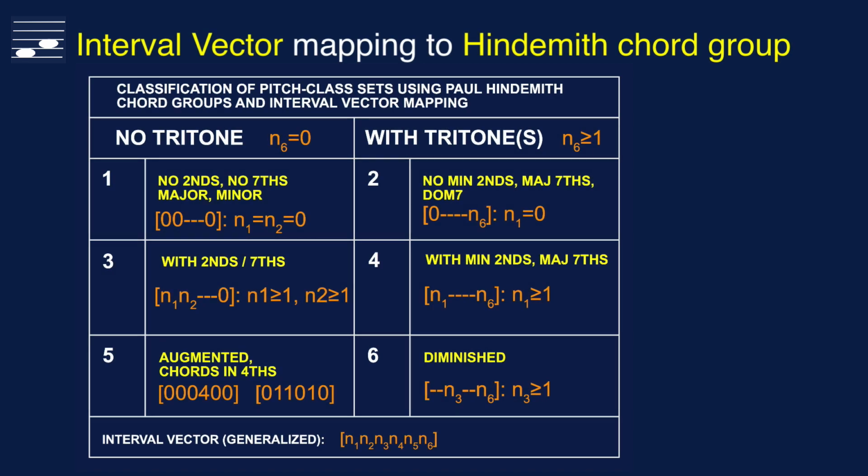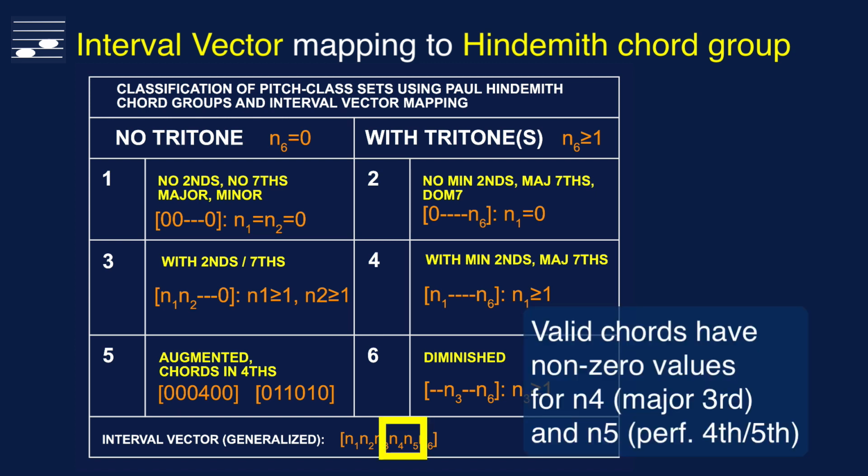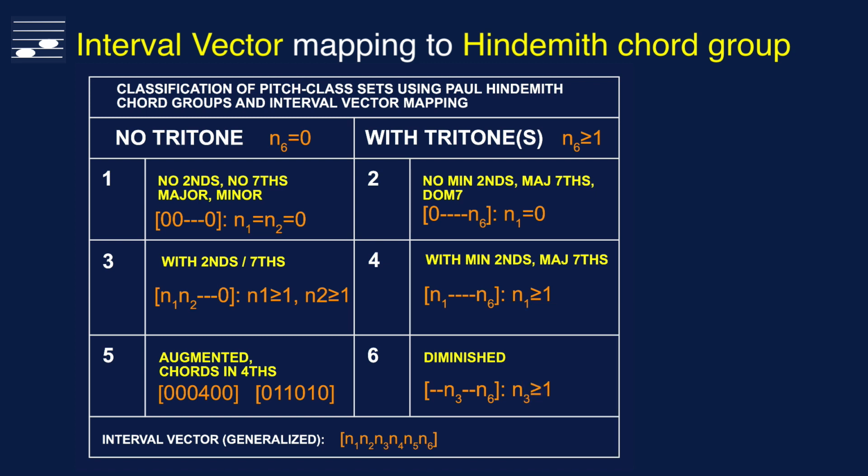Now let's map the values in the PC set interval vector onto the Hindemith chord classification scheme. Remember, valid chords in this expanded quasi-tonal idiom must contain either a perfect fifth or major third. This means that we must have non-zero values for N4 and N5.